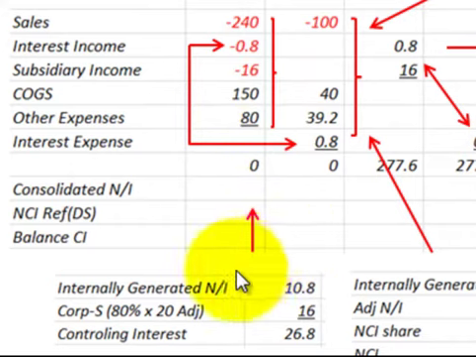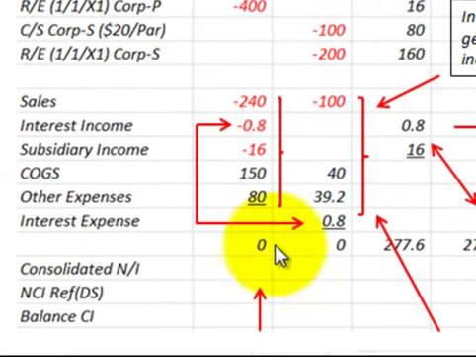That would give us our income distribution, as the internally generated net income was $10,800, and their share of the subsidiary Corporation S, 80%, is $16,000. So their total controlling interest is $26,800. So in both cases, included in the internally generated net income for the parent was this interest income on the note, and for the subsidiary they included, as an expense, the interest expense on this note.